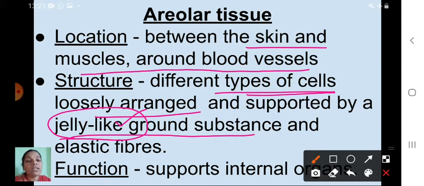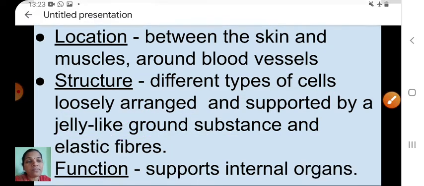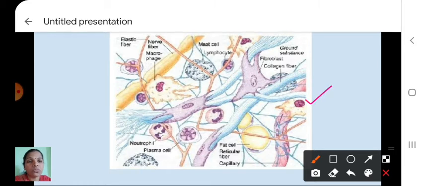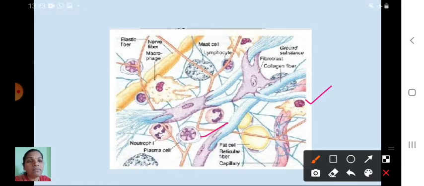Okay children, what is the main function of areolar tissue? Supports internal organs. It will give support to our internal organs. Okay, shall we go to the next one? See here, this is the structure of areolar tissue. See here, a lot of space is there. Okay, and here elastic fiber, and here which one is there in between?